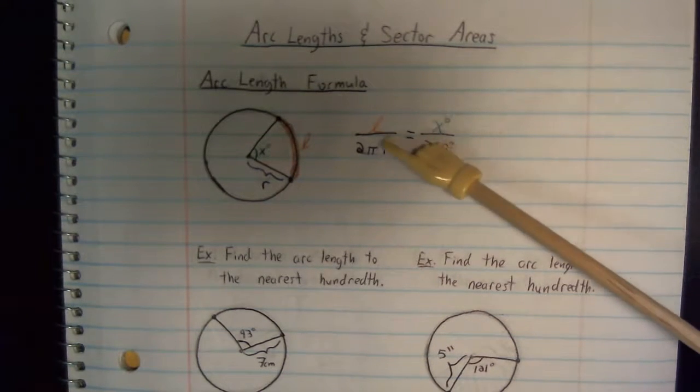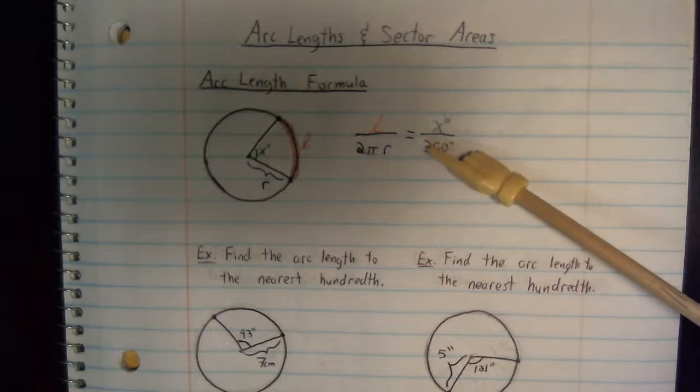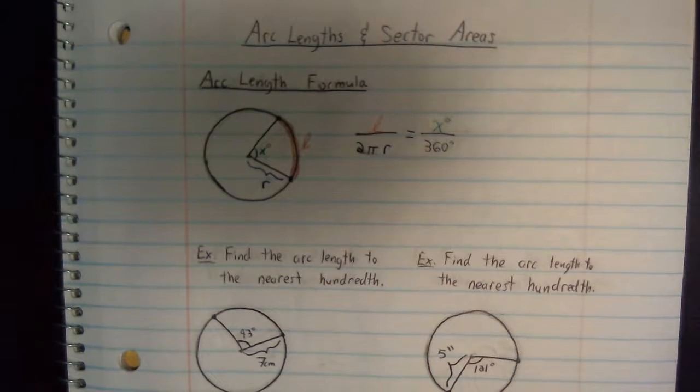So what we've just figured out is two ratios that we can compare and figure out the value of L. Now, the instructions tell you to round your answers to the nearest hundredth. So let's make sure that when we do that, we round to the proper place.